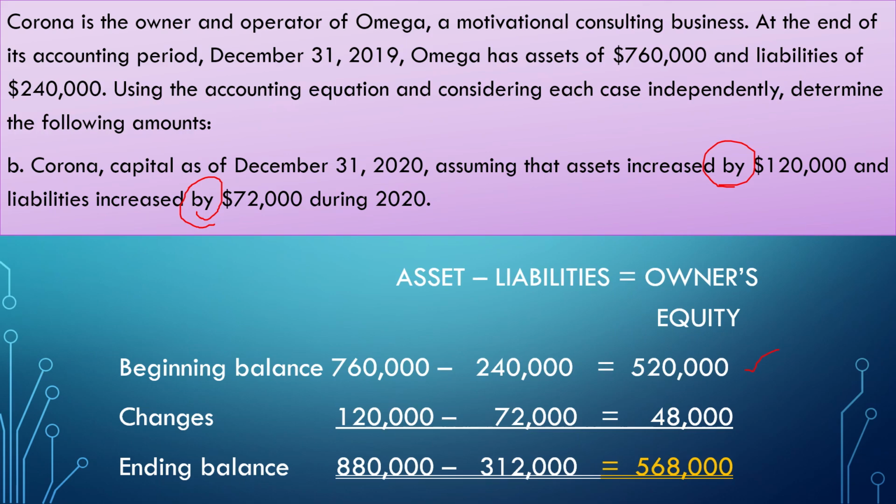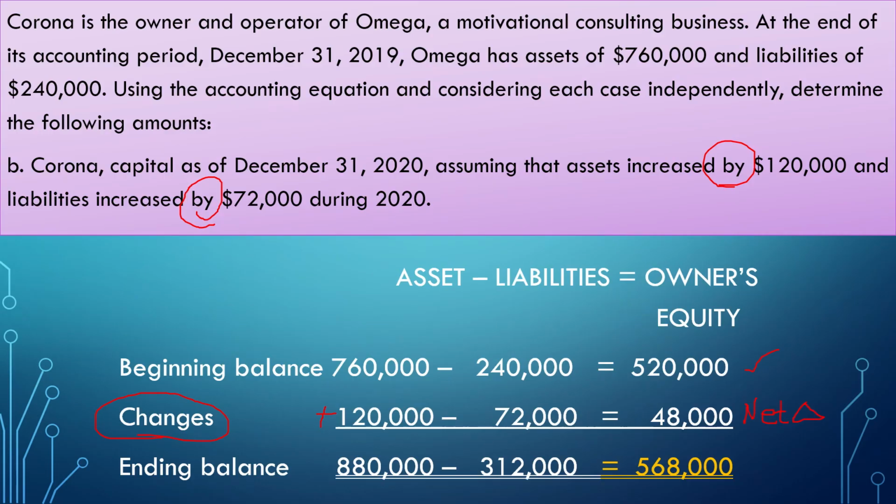During the year 2020, there have been changes. The change is an increase, so we have a positive 120 here, and liabilities also increased by 72. That means the net increase for owner's equity would be 48, right? So this is how you compute the net change in owner's equity.